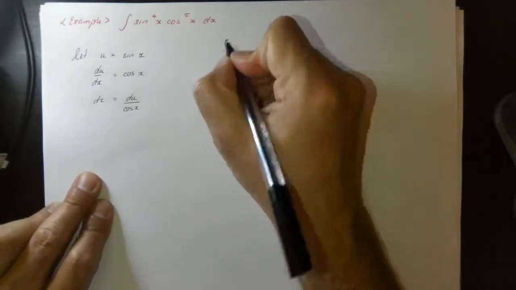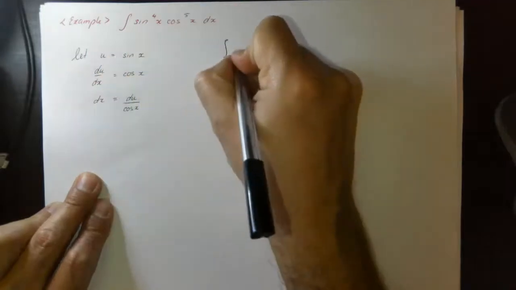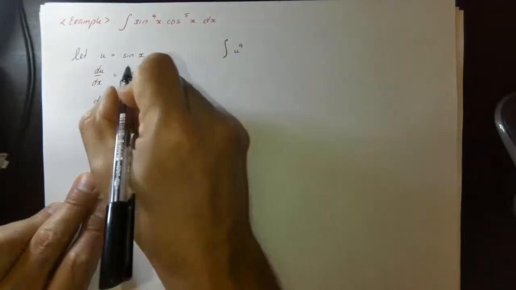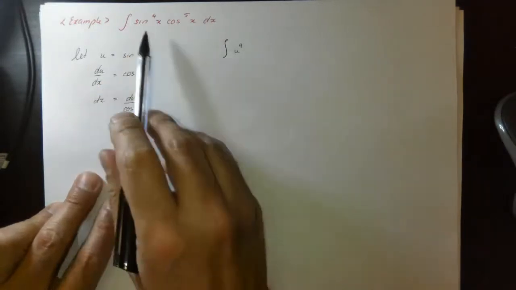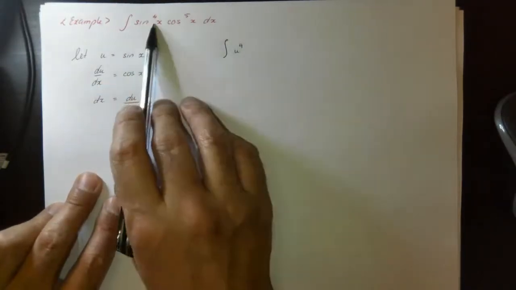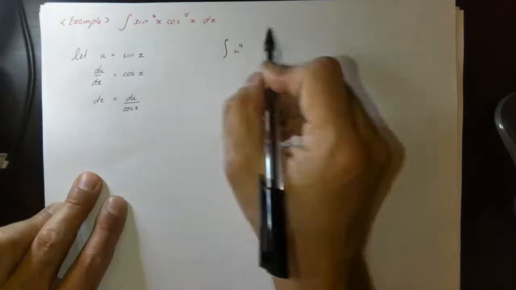So what we actually have, this will be u to the power of 4, because sine x is u. So always take the lowest power, the lowest trig power.